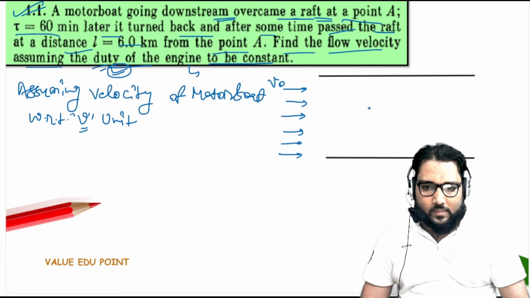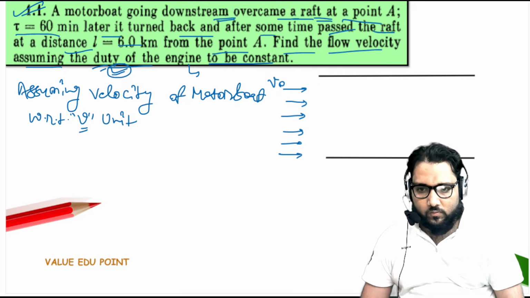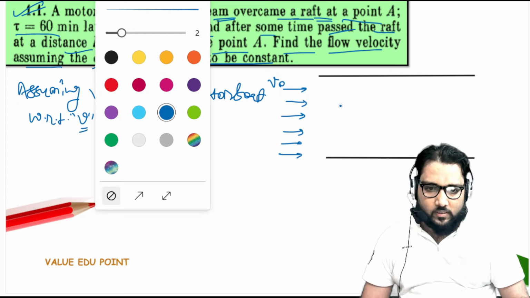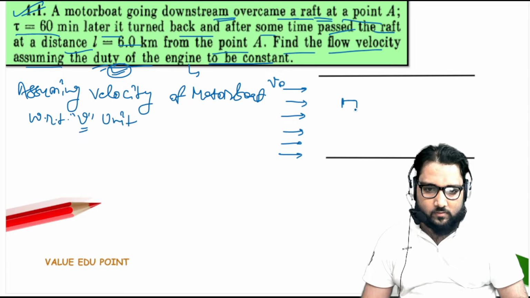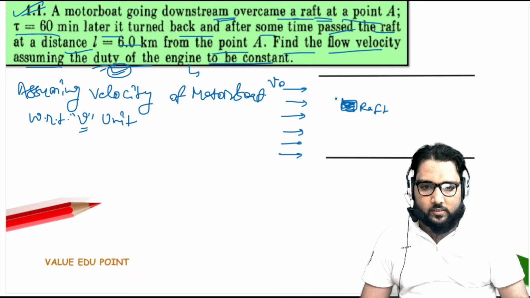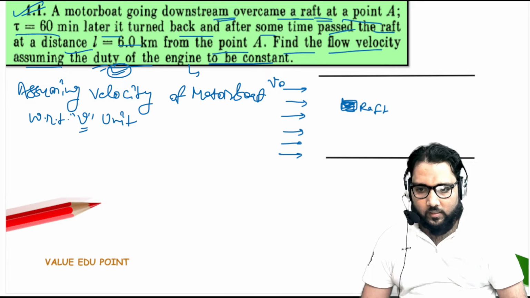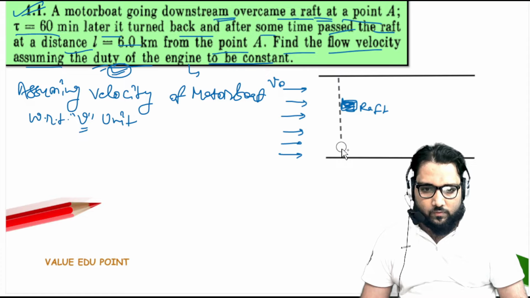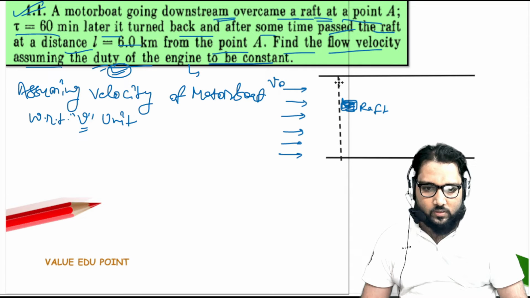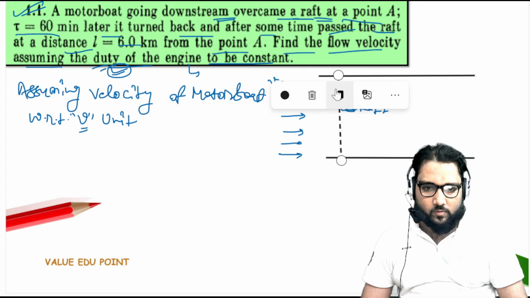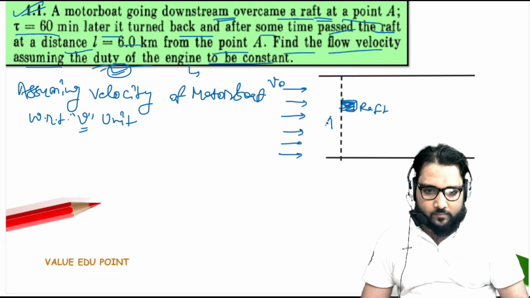So now what is happening here? Suppose this is the raft, and this is the point A. If you know the basic geometry, then you can easily solve these questions. Otherwise, you will face problems. At point A, suppose this is the motorboat, going in this direction.